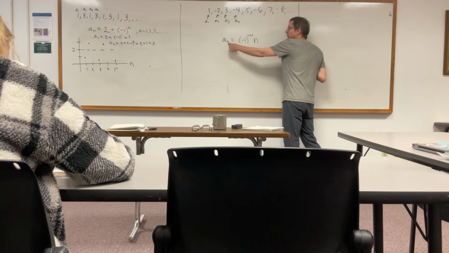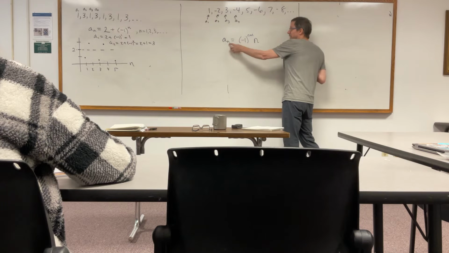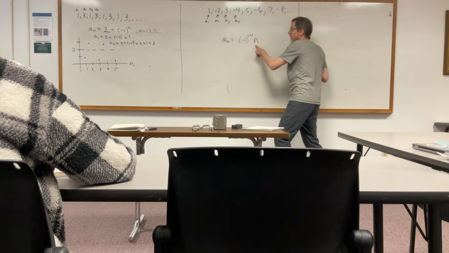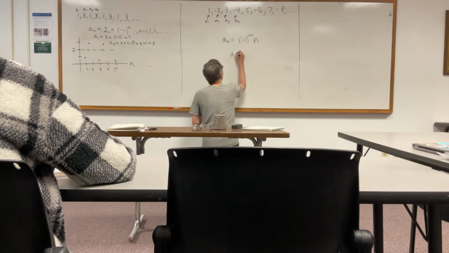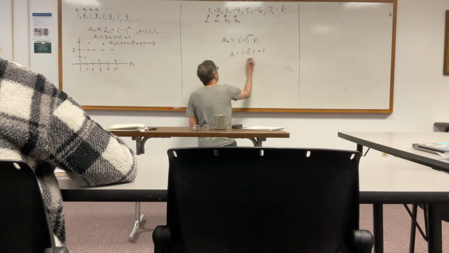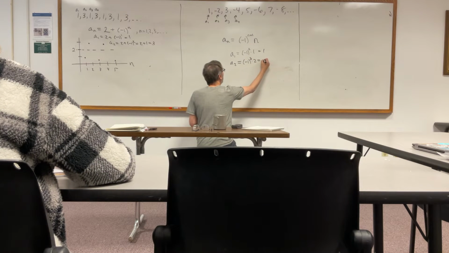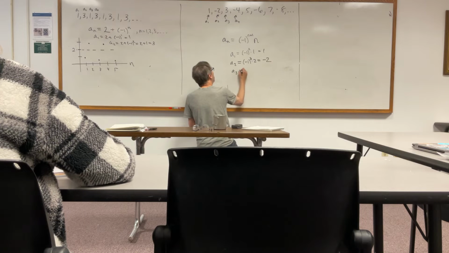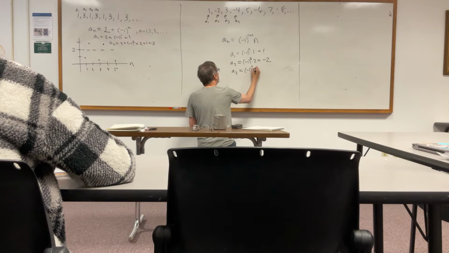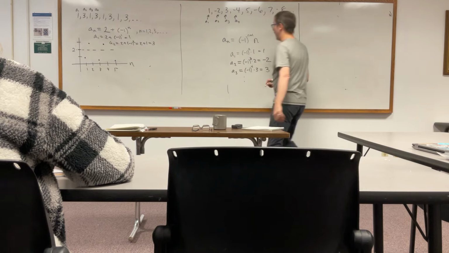A sub 2 is -1 cubed, that gives me a negative, times 3. So check out how this formula is working. A sub 1 is -1 squared times 1, that's 1. Then you check, you make a stab at it, and then you test to see if your hypothesis was right. And it's looking like a go.